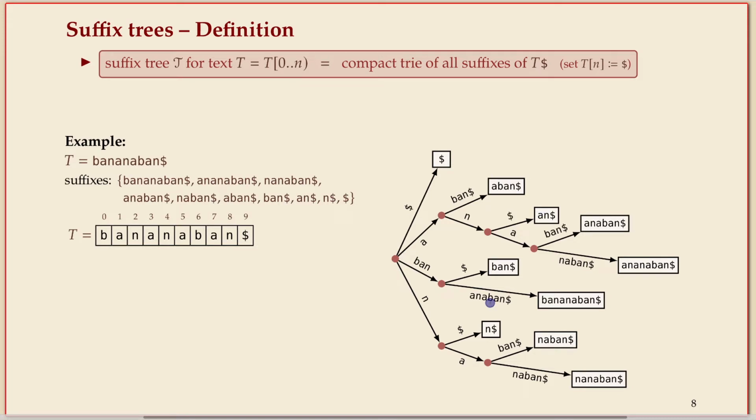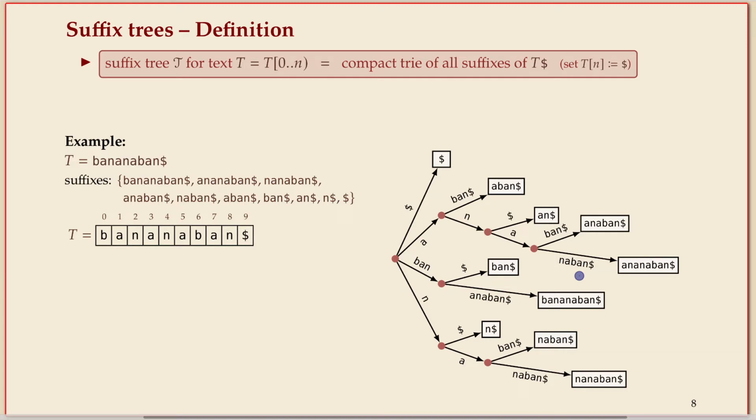Here's a conceptual view of the compact trie that we'll sometimes use because it's a bit more human-friendly, where I wrote the entire string as the label on the edge. Remember from before, compact tries contract these sequences of unary nodes, and then they actually just take the first label and represent in the internal nodes how many characters I skipped.